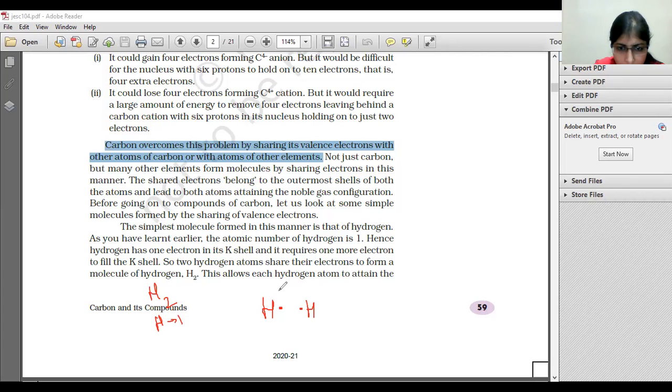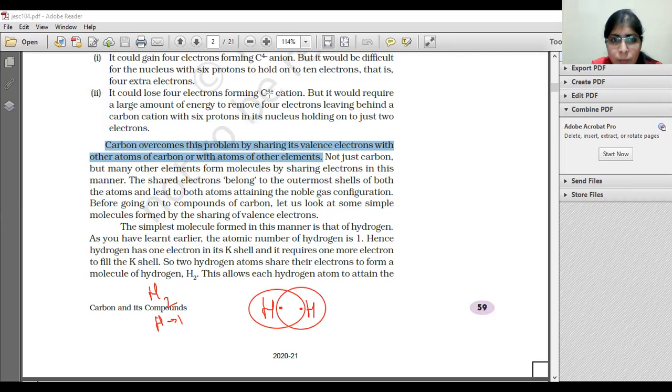So how does it happen basically? The first hydrogen says I want 1 more to get stable. It will now have 2 electrons. Now the second hydrogen says if I give you, then you have to also give me.